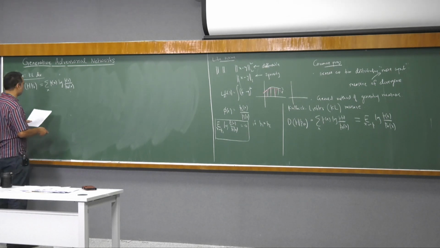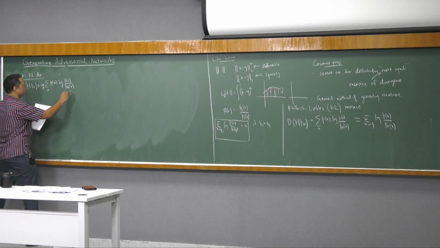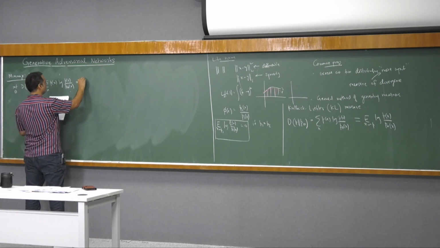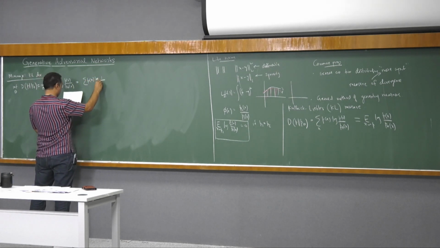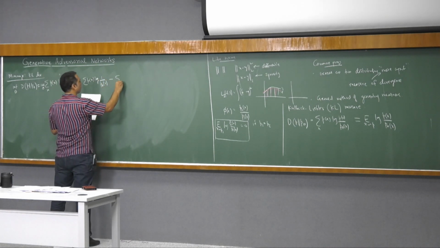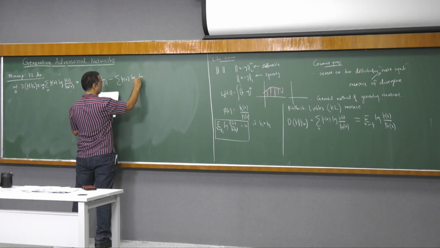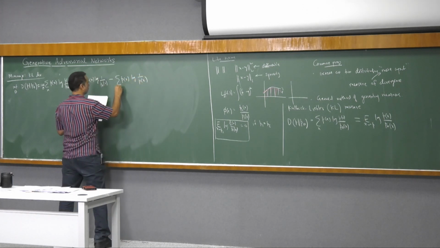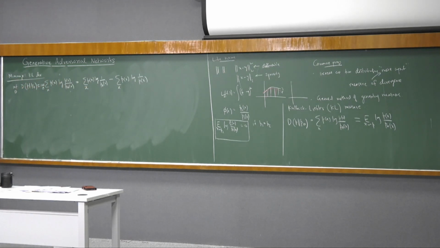The infimum over theta continues. So this is the sum of p(x) log 1 by p theta(x) minus p(x) log 1 by p(x), all over x. I have done a splitting using the property of the log.